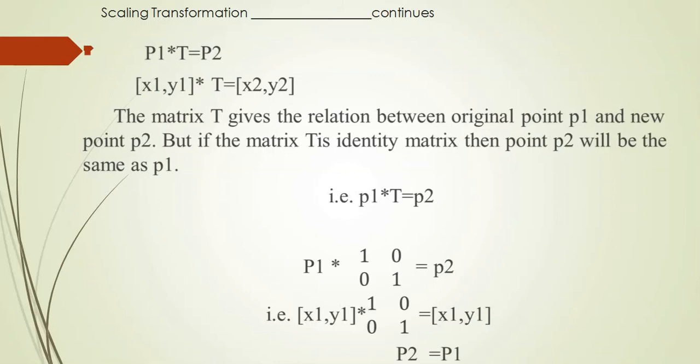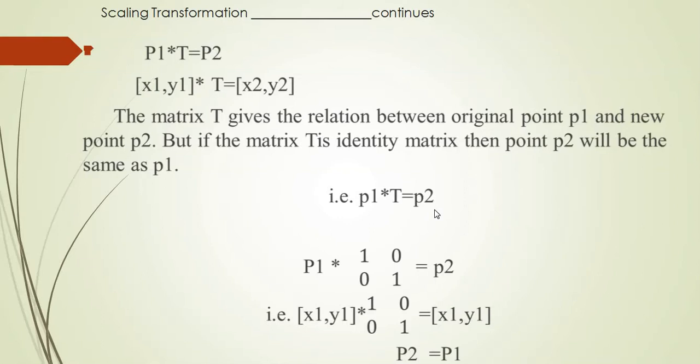The formula is P1 into T is equal to P2. P1 is the original coordinate and we get a result, P2. We multiply the T matrix to P1 and we get the P2 result.